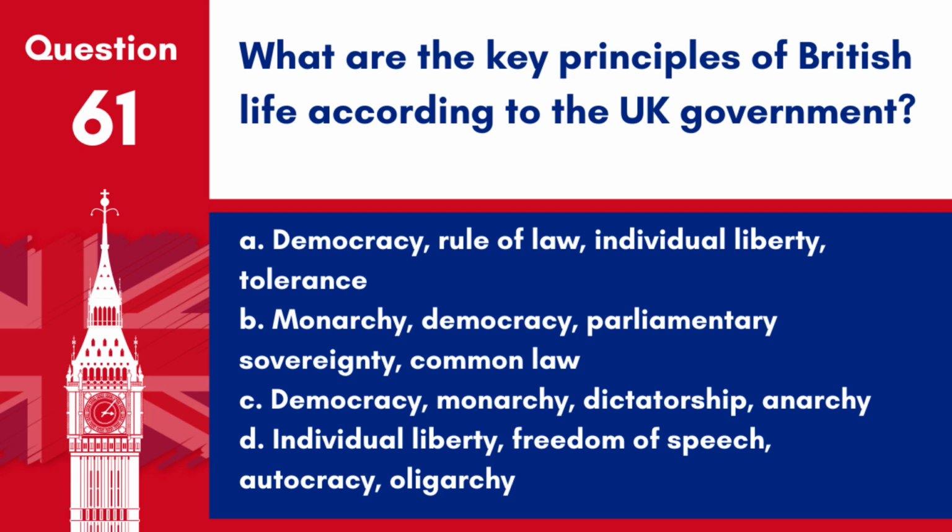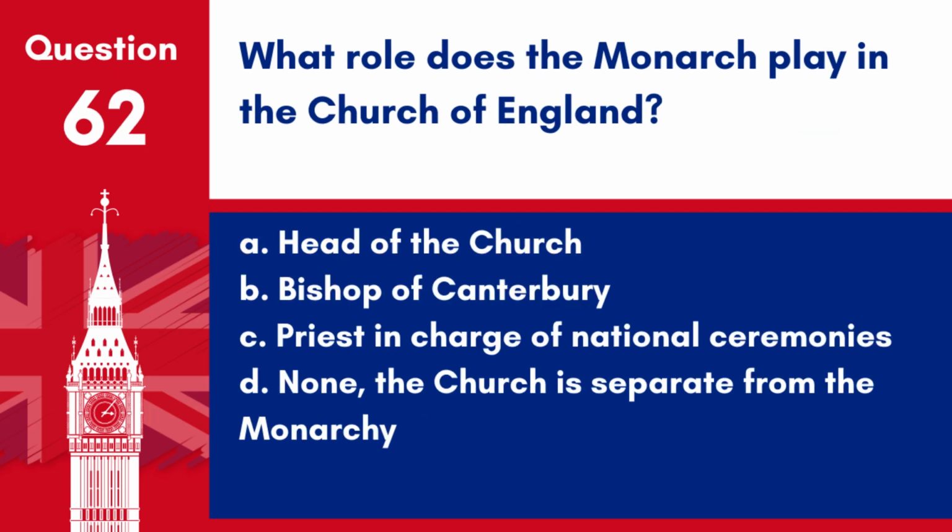D. Individual liberty, freedom of speech, autocracy, oligarchy. Answer. A. Democracy, rule of law, individual liberty, tolerance. The key principles of British life include democracy, the rule of law, individual liberty, and tolerance of those with different faiths and beliefs.